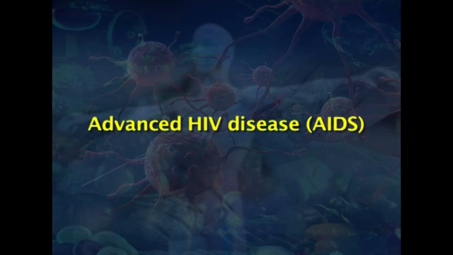Advanced HIV disease phase, that is AIDS. After a period of 2 to 10 or more years without treatment, the CD4 count drops to less than half the normal value.